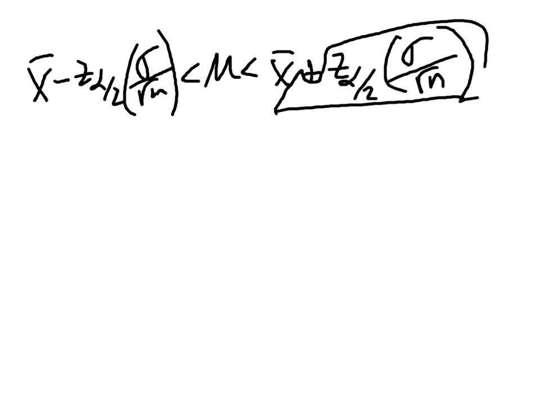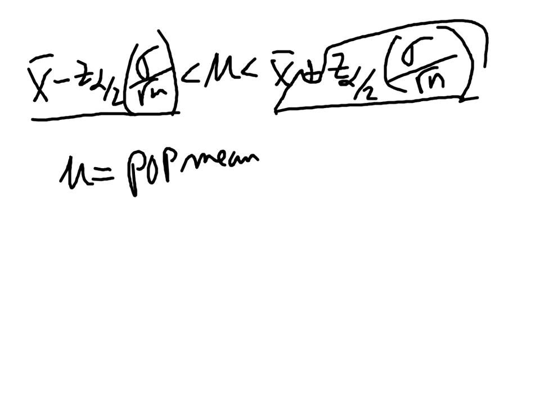Let's see what we already know here. We know that mu is the population mean, and that it's going to lie between two values. One of the values is the sample mean plus a specific number, let's say 2. In other words, we're going to add 2 to the sample mean. On the other side, we're going to subtract 2 from the sample mean.